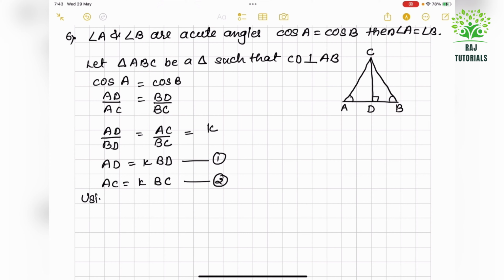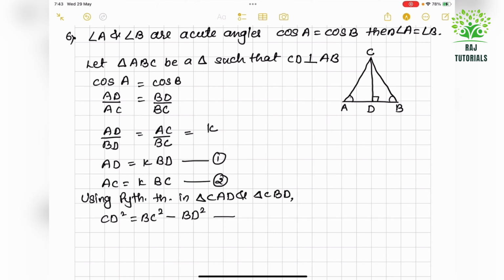Now using Pythagoras theorem in triangle CAD and triangle CBD, we get CD square equal to BC square minus BD square, that is (3), and CD square equal to AC square minus AD square, that is (4).